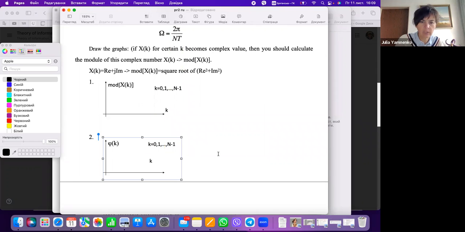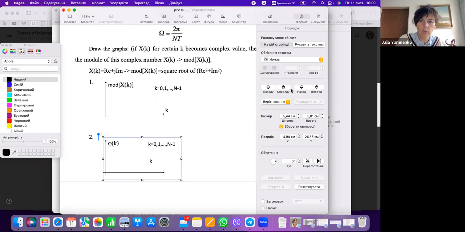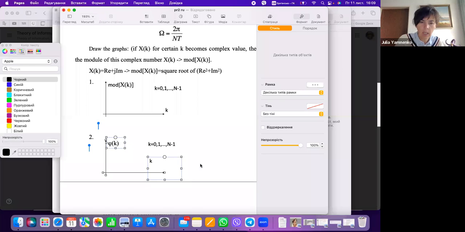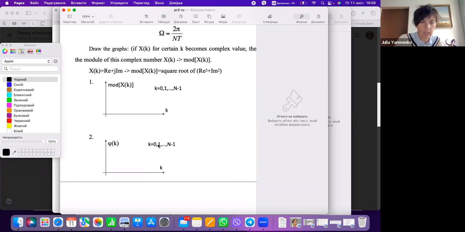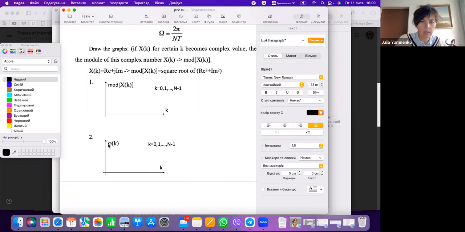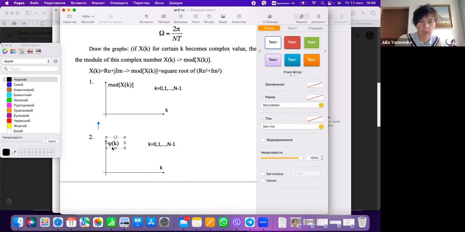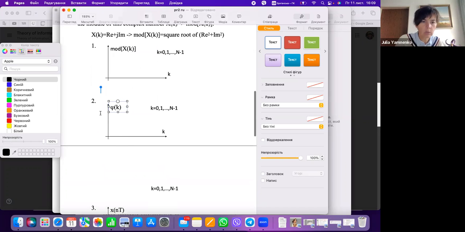Then you do the same, but not for the module, but for the phase. Because if you have a complex value, then this complex value could be represented also by the phase. And this phase is noted by phi from k here. How to put it here?